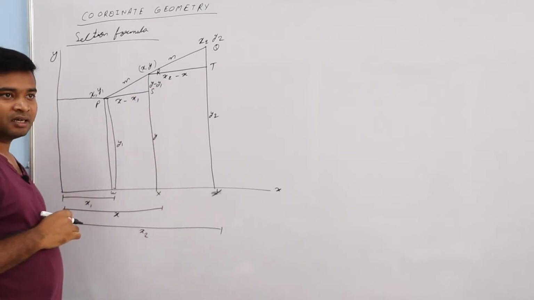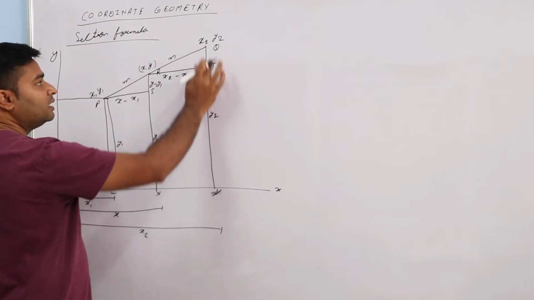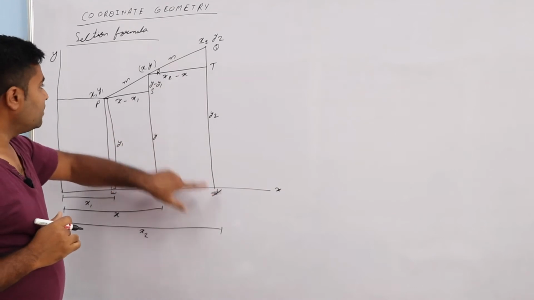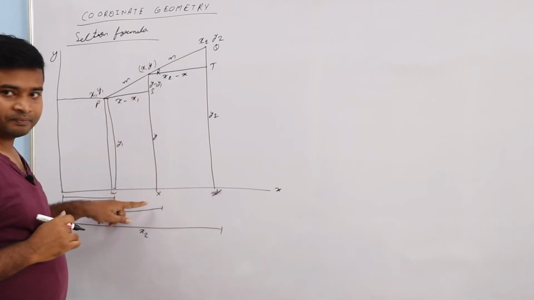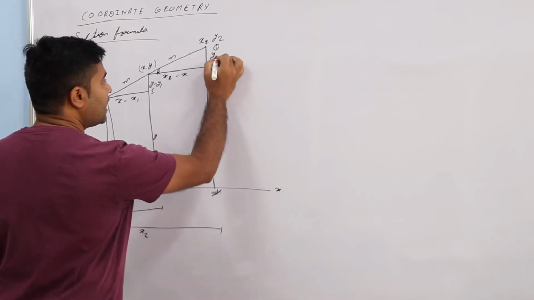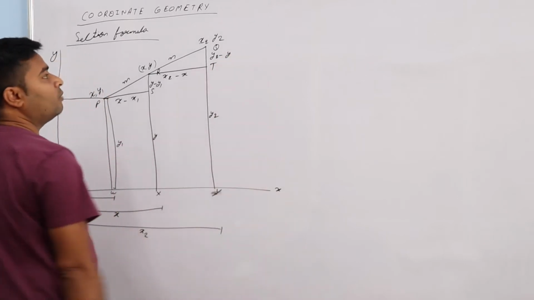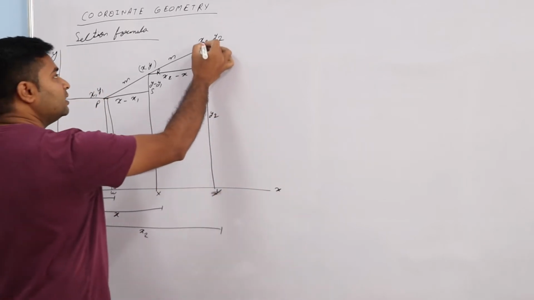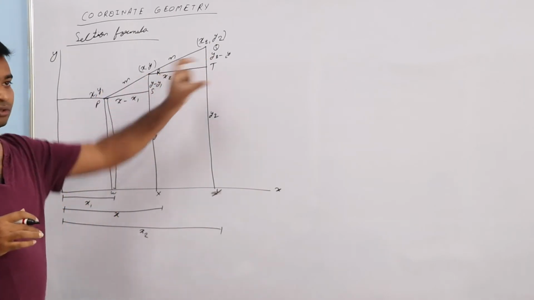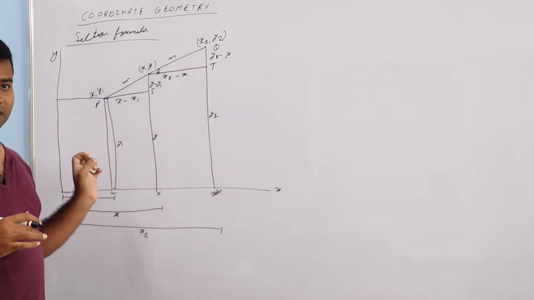Next find QT. So QT is y2 minus RX, that is y2 minus y. So we get to know this also, and this also. Till here okay?